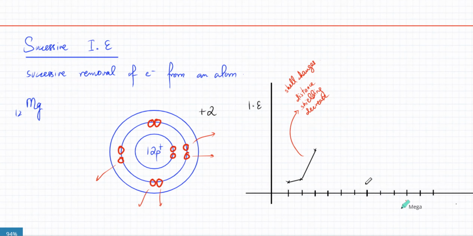Up till this point, there's going to be just a very, very gradual increase in ionization energies because the distance and the shielding are the same. And then when you try to remove the last two electrons, that's going to be difficult. So there's going to be a big jump when trying to remove the last two electrons.